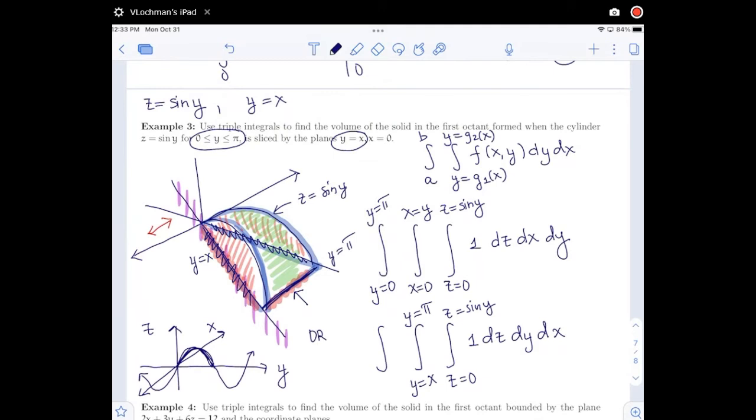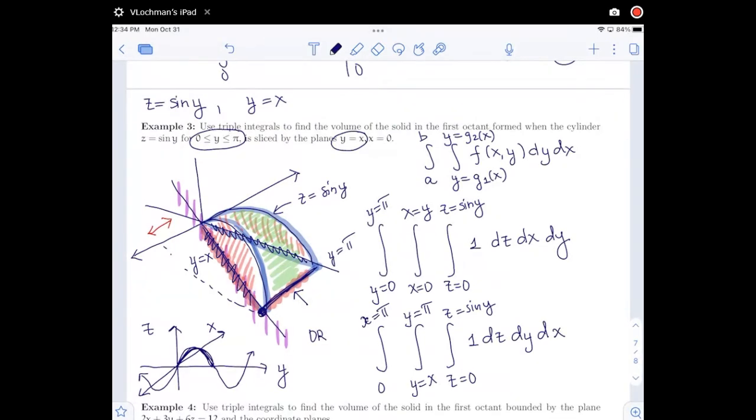And then what about x? Now x goes from point to point. We go from 0 to whatever this point is. So now the question is, what is that point right here? Well, this is where y is equal to x and y is equal to pi intersect. So this is, of course, x is equal to pi.